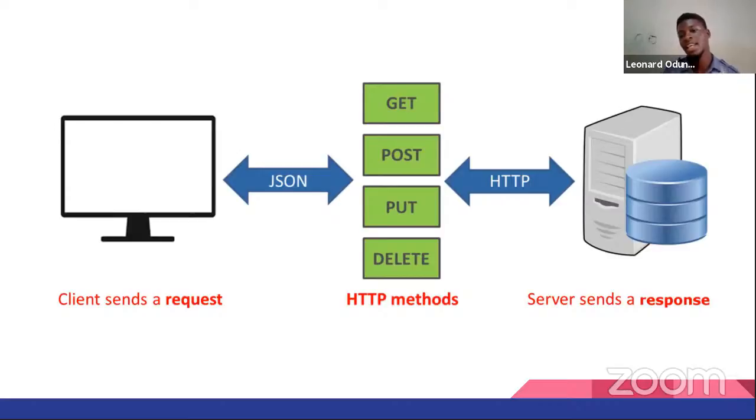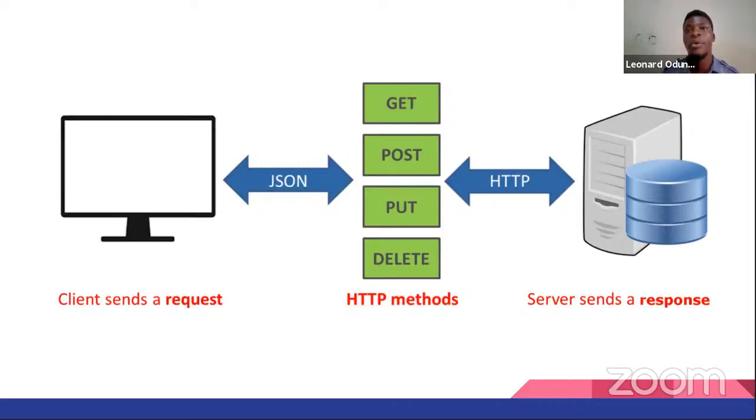The client sends a request to the server, and that request is sent in JSON format. JSON is an abbreviation for JavaScript Object Notation. It is a format where data can be processed by a client and sent to the server. The server now sends a response back to the client in HTTP format.